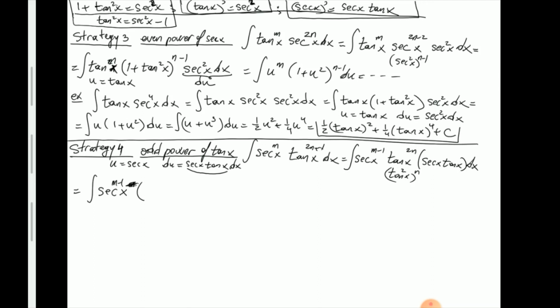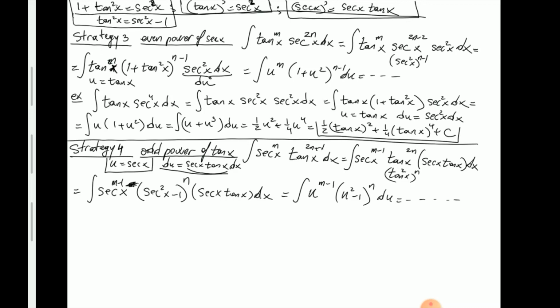Then tangent squared is secant squared minus 1, and then to n, whatever the remaining power is, and then secant x tangent x dx. So now I perform the u substitution that I mentioned here, and this becomes u to the power m minus 1, (u squared minus 1) to the power n du, and this becomes again a polynomial that I know how to integrate.